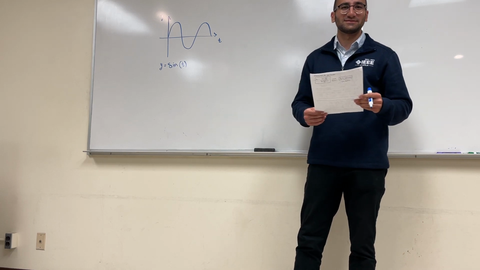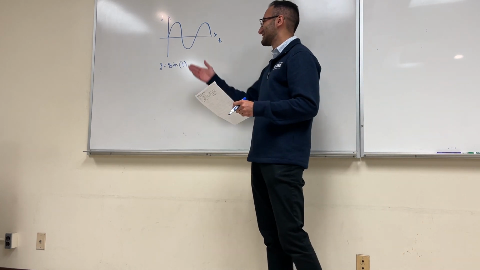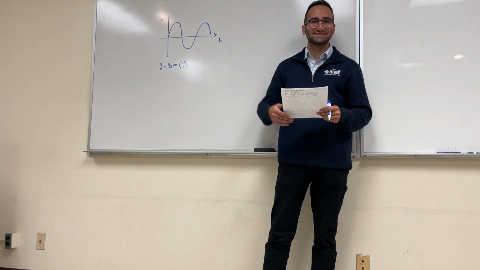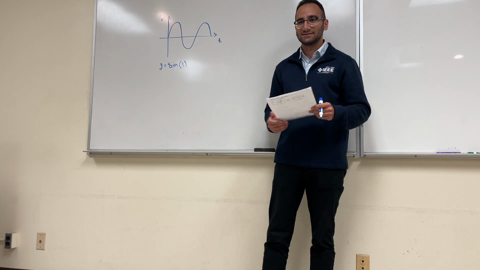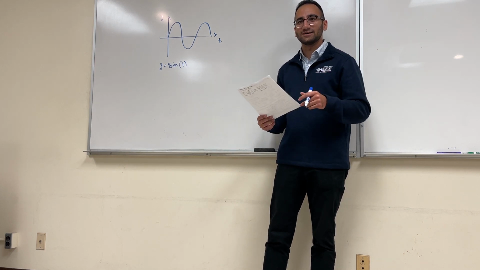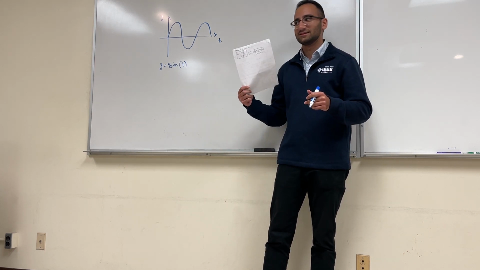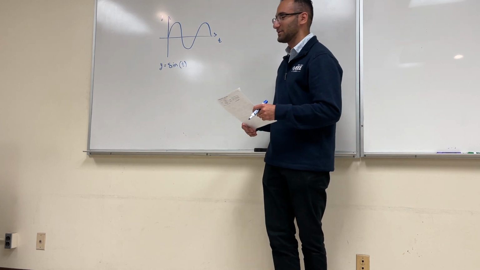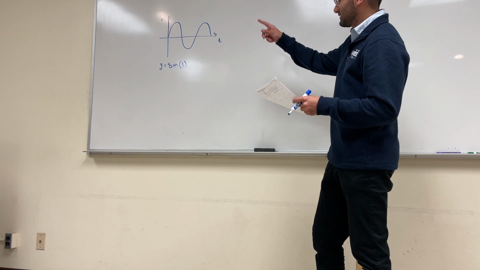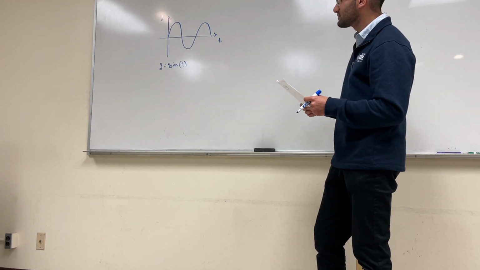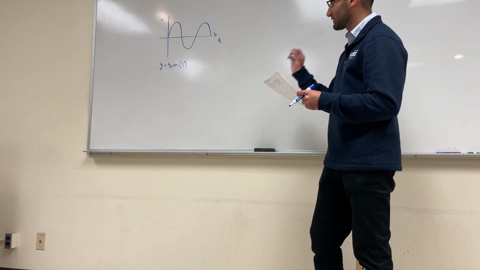Well, that's the whole purpose of this lecture, to figure out how to generate something like this, because it's going to be useful for our circuits, and you will see why it's going to be useful in the next lecture, when we go over mixers. So for now, our goal is to generate a sine or a cosine wave that has a very specific frequency.